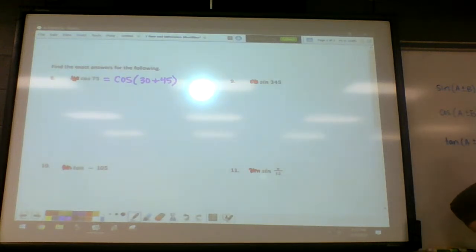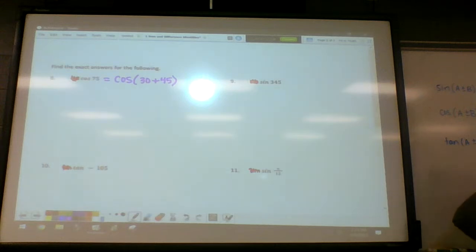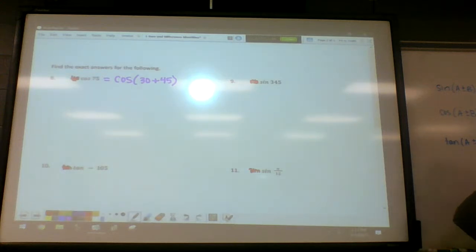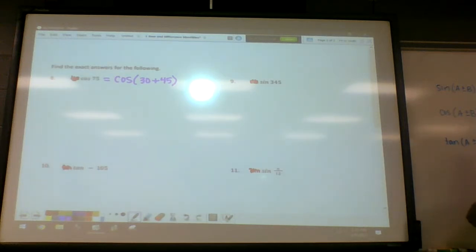Is that the only way to get 75 using the unit circle? Could you do 135 minus 60? That would get you 75, right? You could do something crazy, like 225 minus 150, right?